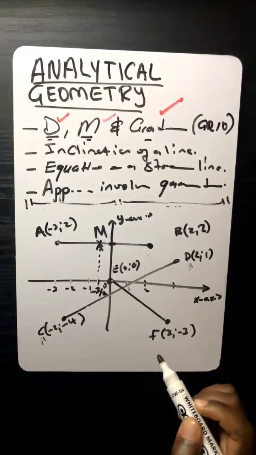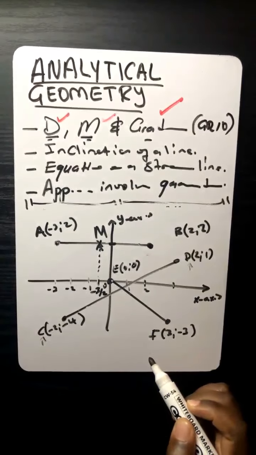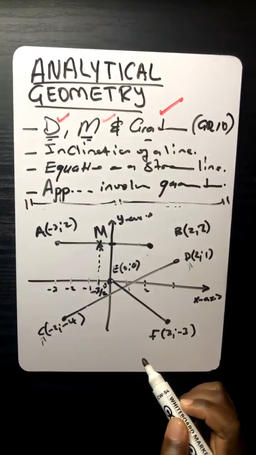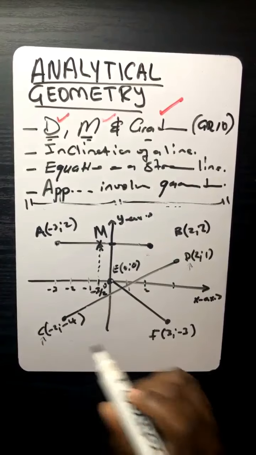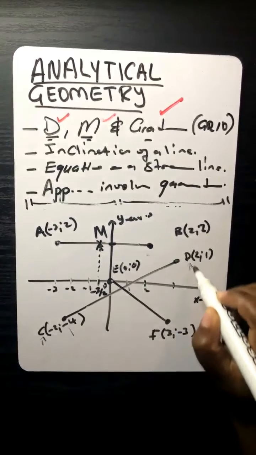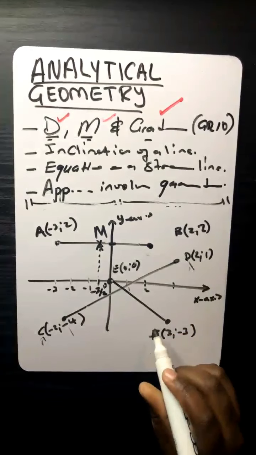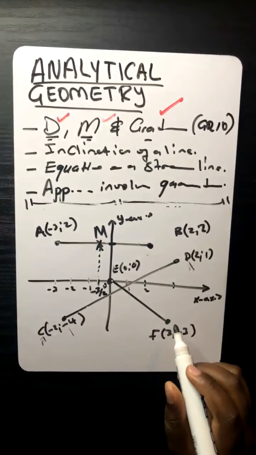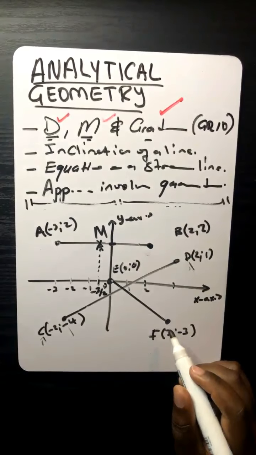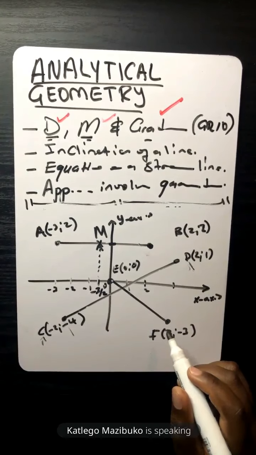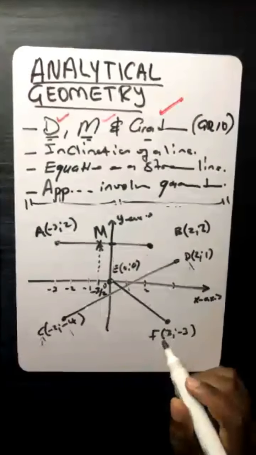Now let's check in terms of the distance, guys. The distance of CD. Here comes a question. Is it going to be positive or negative? Positive sign.